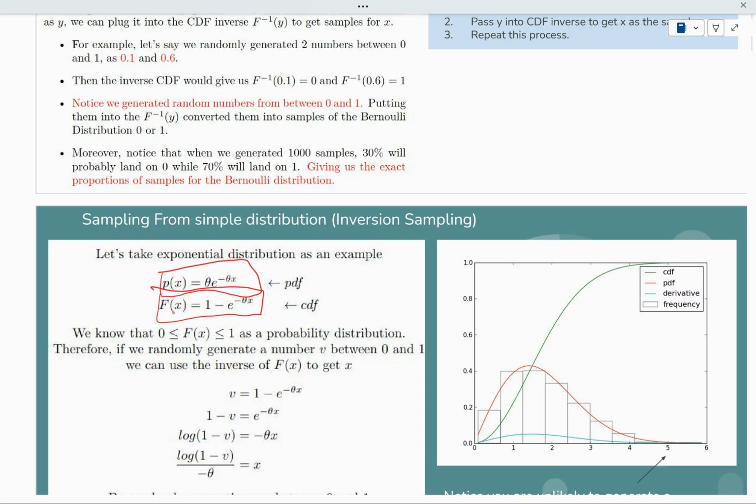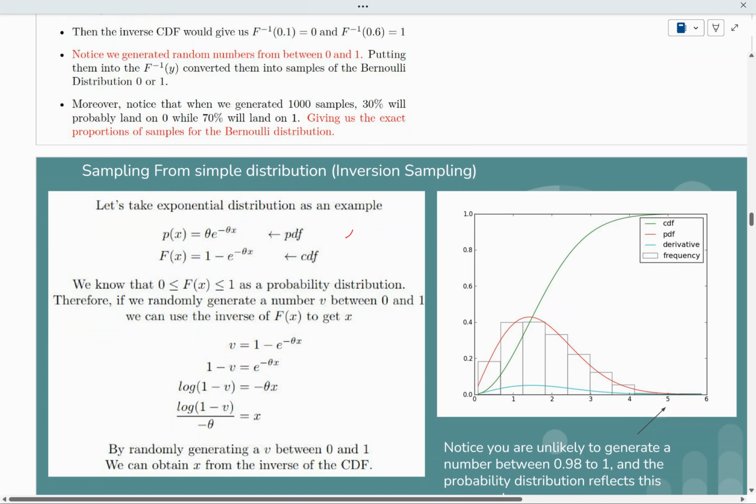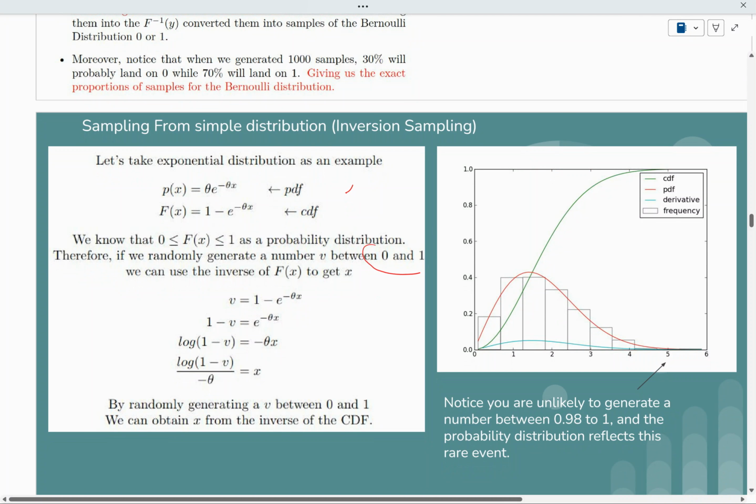From the CDF, we can find the CDF inverse by solving for x. If we generate a uniform distribution between 0 and 1 and plug it in here, we would generate the samples for x. And these samples would turn out to be an exponential distribution.